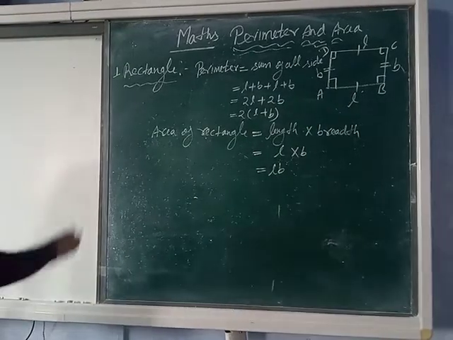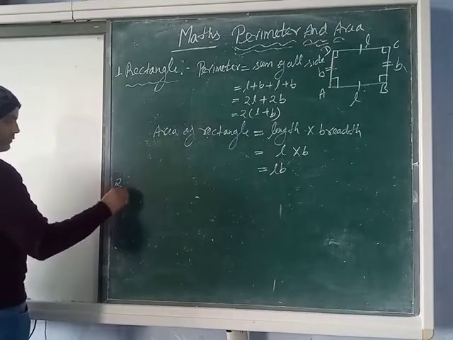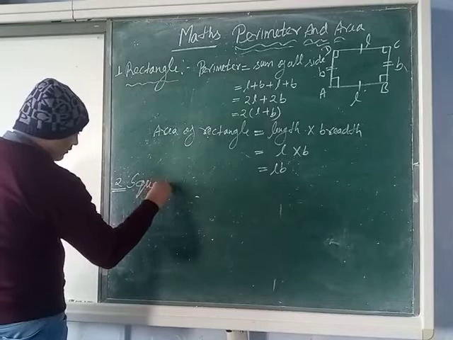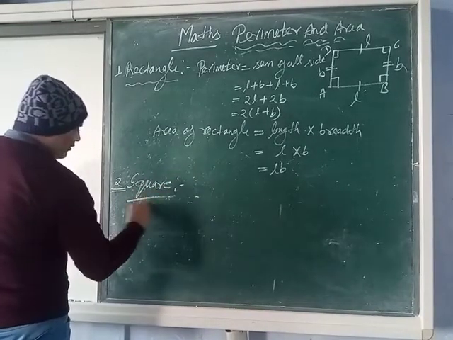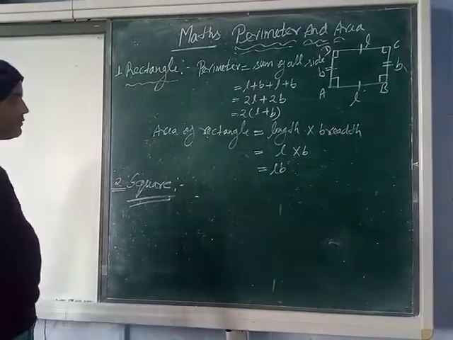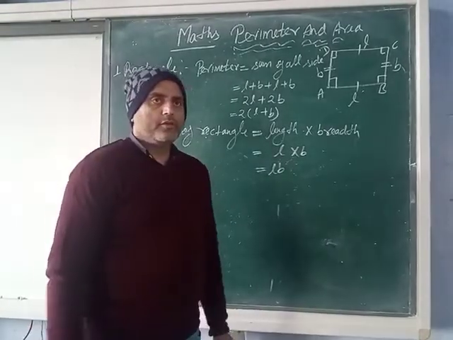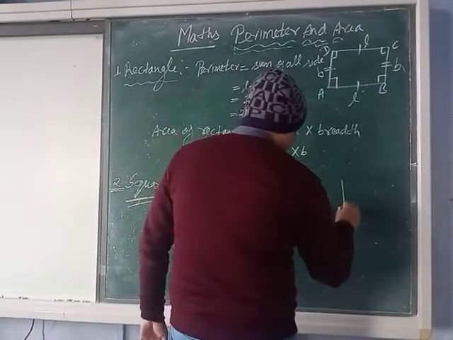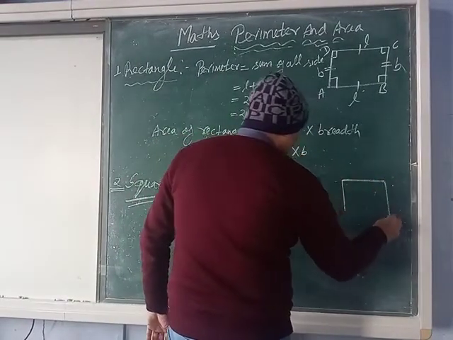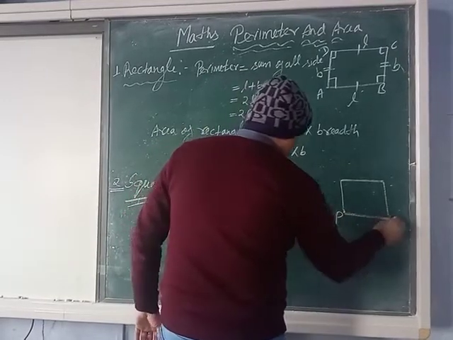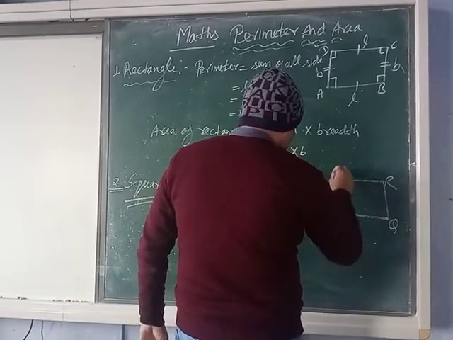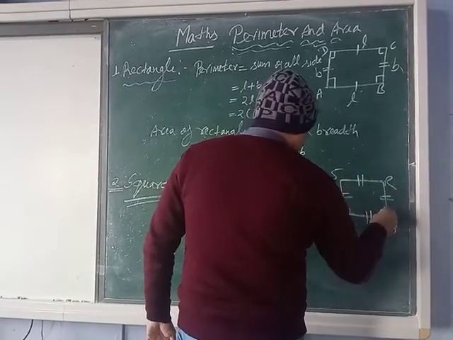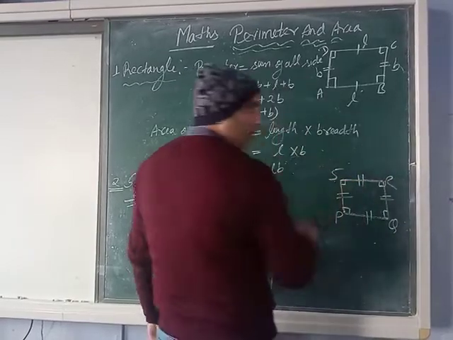Next is square. So first of all, you have to know what a square is. A square is also a closed figure in which all sides are equal and all angles are also 90 degrees.